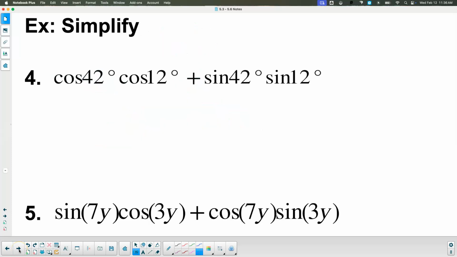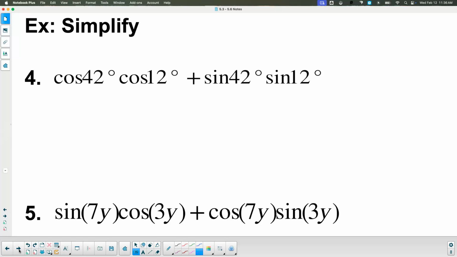Okay? The other style of problem that we're going to give you goes backwards. So here is more identifying which one you're dealing with. Cosine, cosine plus sine, sine. Which one is that one? 18, 19, or 20? 18, so that's cosine, right?